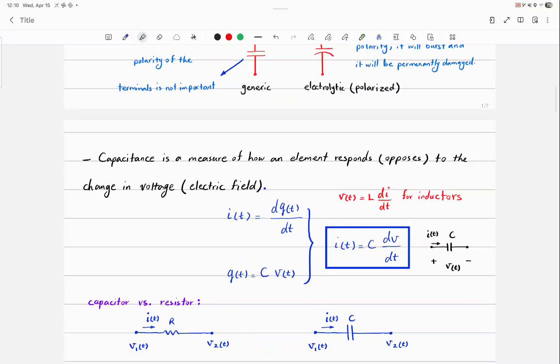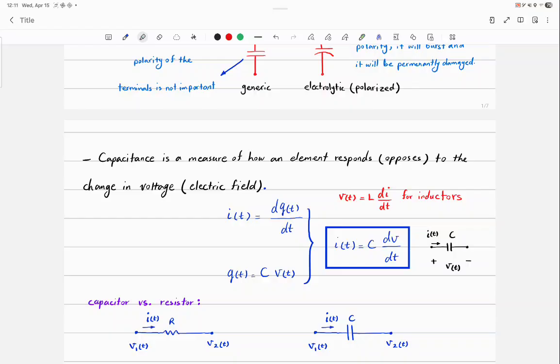Now, if you remember the second definition of inductance, which was actually a little more important, especially for electrical engineering, inductance is a measure of how an element responds to a changing magnetic field, or in parentheses, changing current.